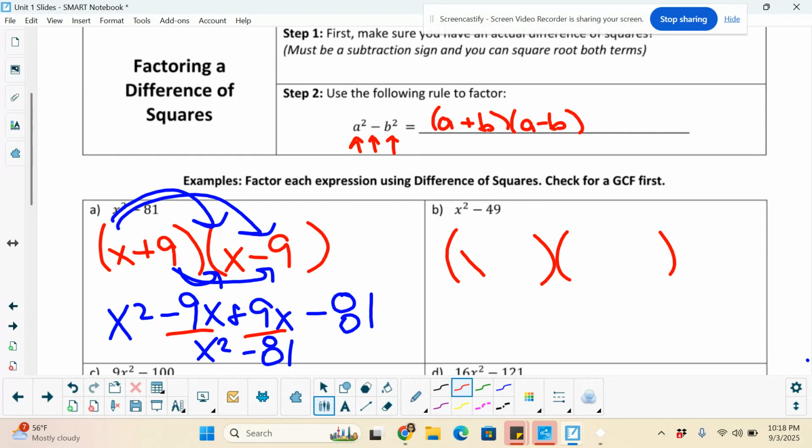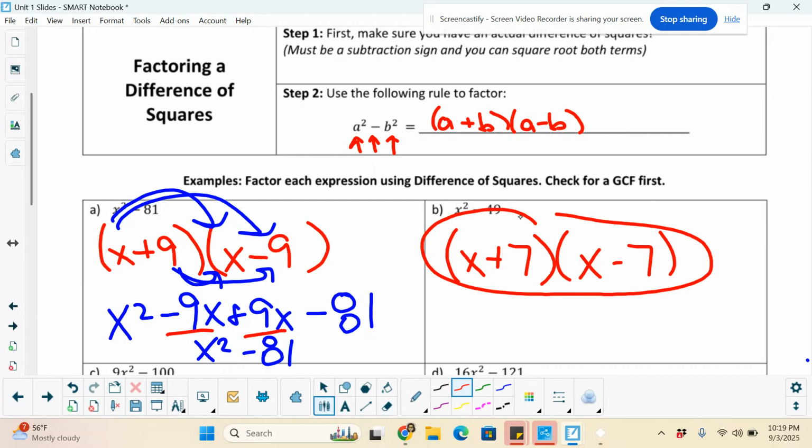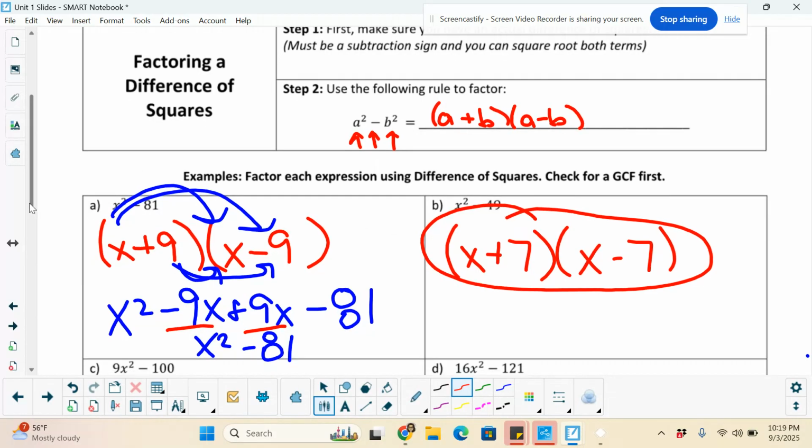Our x squared gets split up. X times x gives us the x squared. We need a plus. We need a minus. And then we need the square root of 49, or what number times itself gives you 49? Well, that is 7. 7 times 7 gives you 49. Now that is completely factored. This would be your answer. Okay? All right, let's see what else we got going on here.